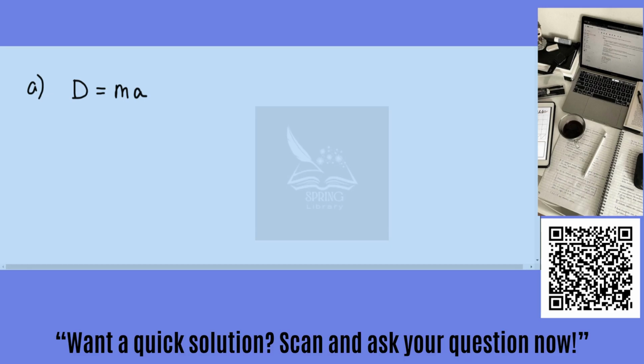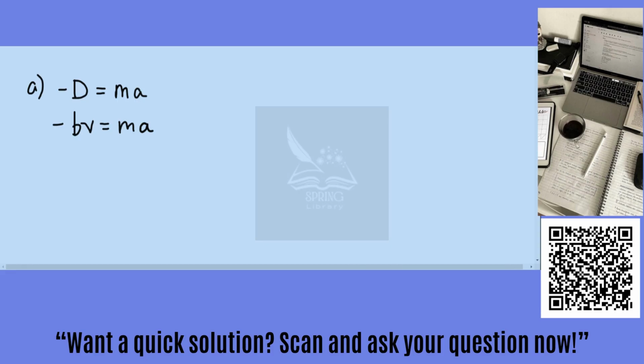And the drag force will be in the negative direction relative to the object's motion, right? Because it's a force that's opposing the motion. So we know that the drag force will be equal to negative BV. And so we can create a little formula here that relates V and A. And this is where the calculus is coming in.